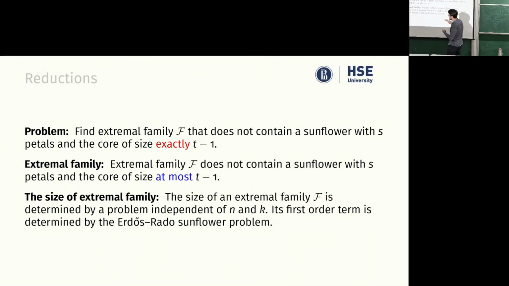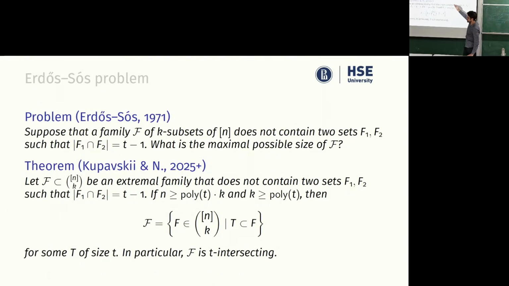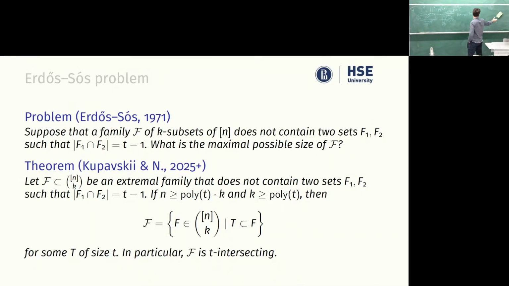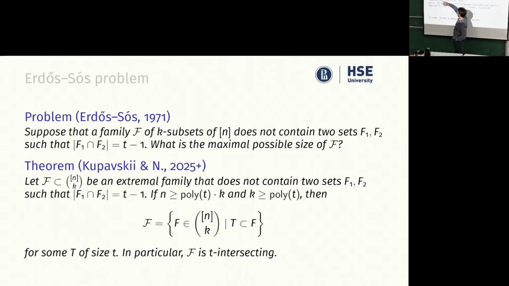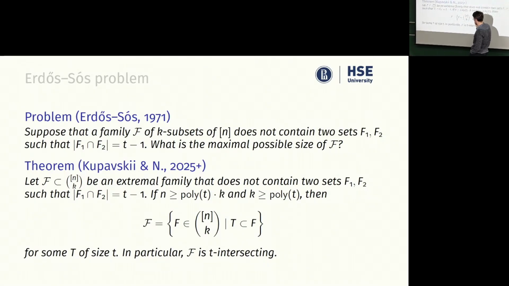The simplest example of this type of reduction is the Erdős-Sós problem, when we forbid a sunflower of size 2. So we just exclude two sets that are intersected by t minus 1 elements.